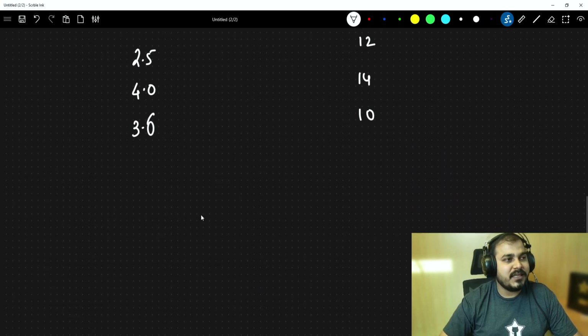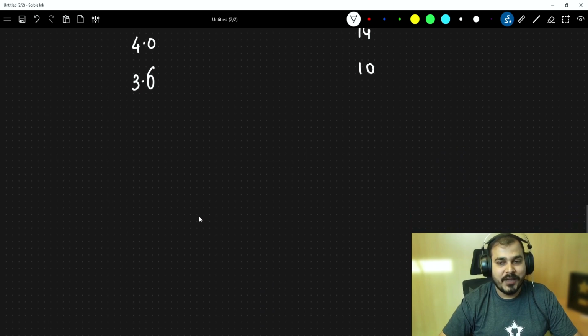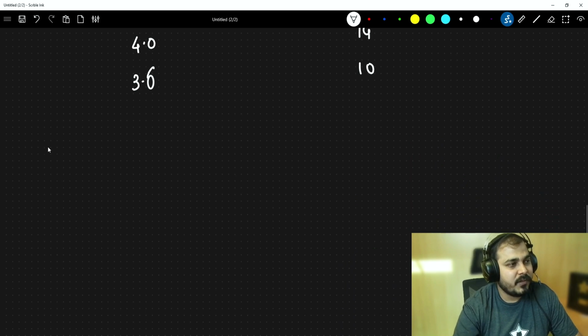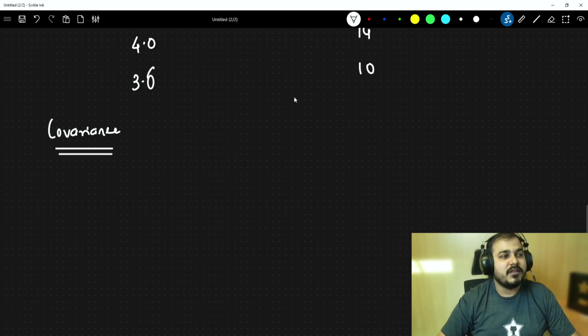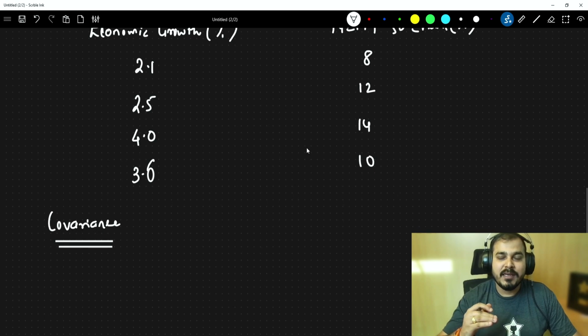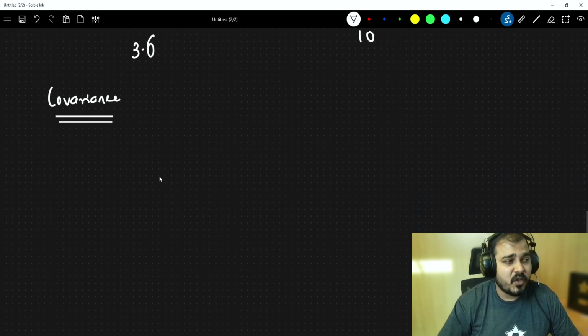Now let's consider what is x over here and what is y. I'm going to create a table, because I really want to find out the covariance between x and y, to see whether it is moving in a positive way, that is, whether it will have a positive covariance or a negative covariance. That we are going to see.